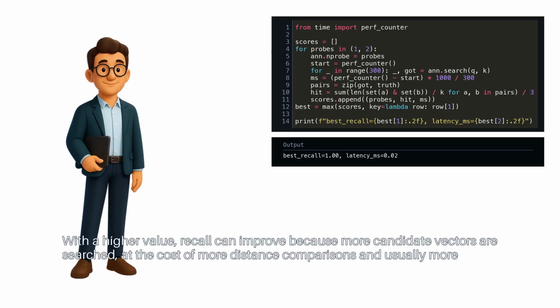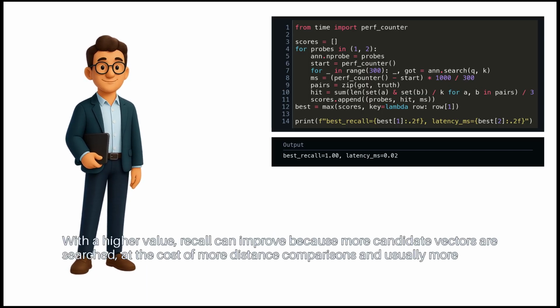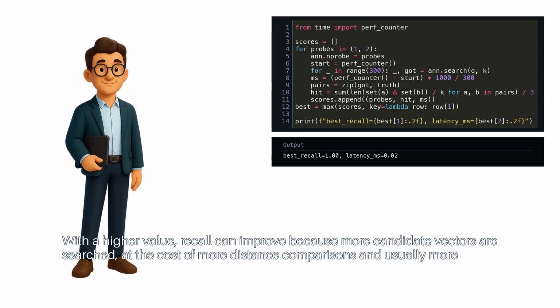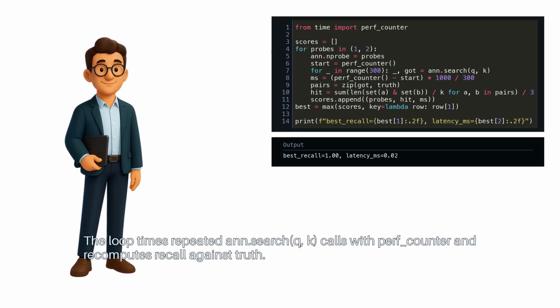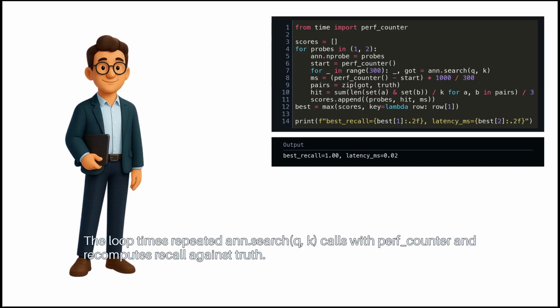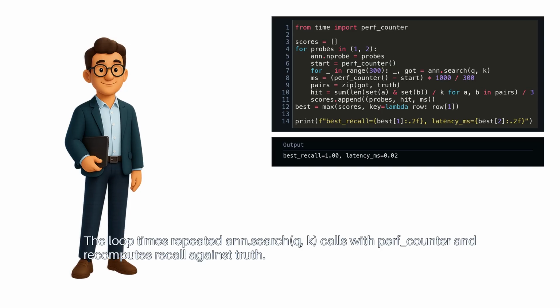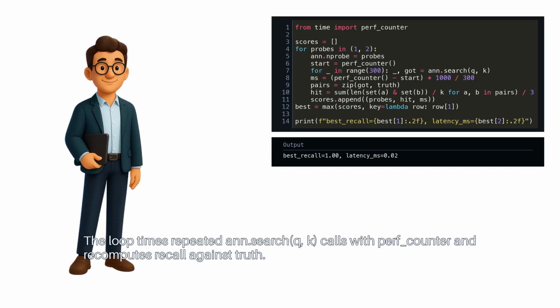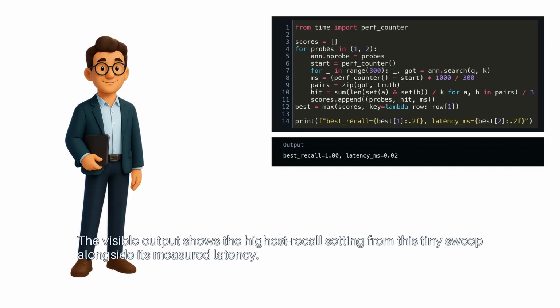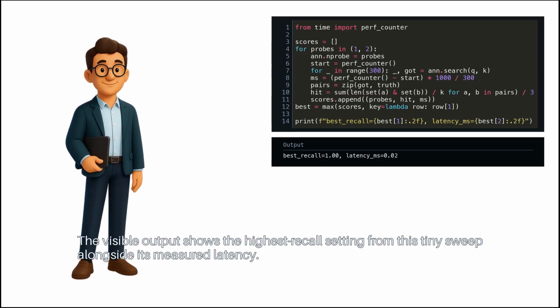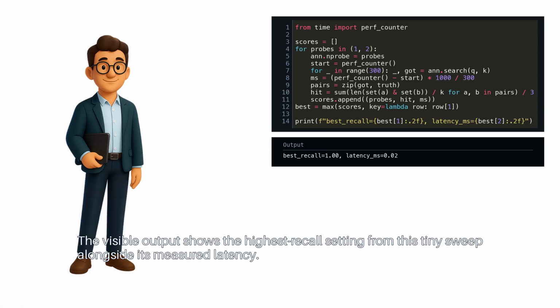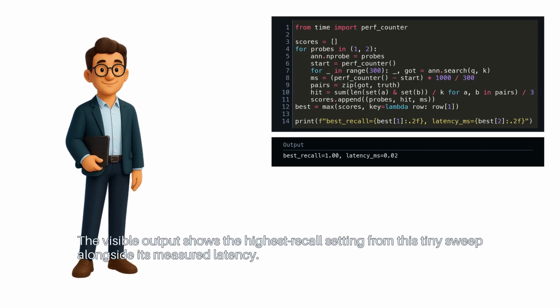With a higher value, recall can improve because more candidate vectors are searched, at the cost of more distance comparisons and usually more latency. The loop times repeated ann.search(Q, k) calls with perf_counter and recomputes recall against truth. The visible output shows the highest recall setting from this tiny sweep alongside its measured latency.